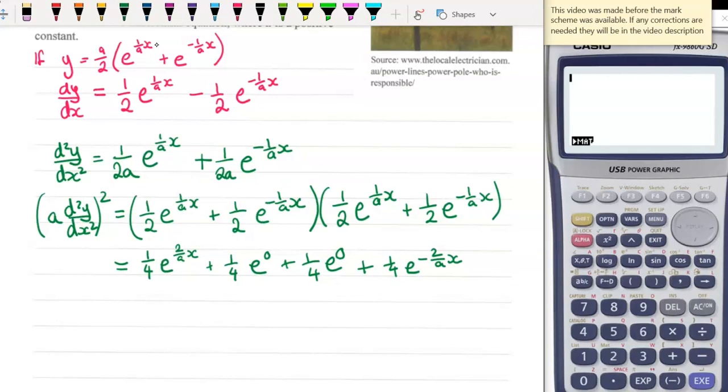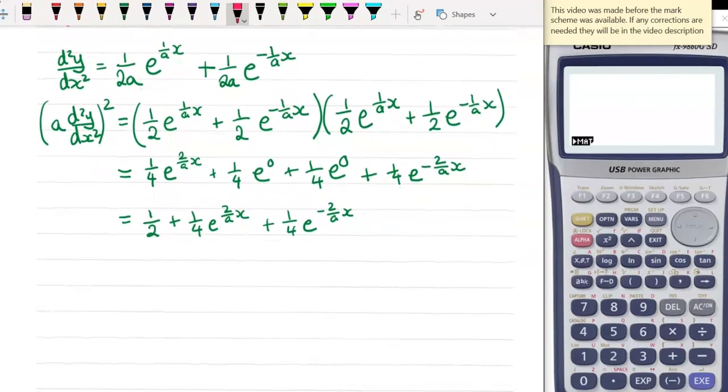Okay, now e to the 0 is just 1. So we have 1/4 plus 1/4, which makes a half. Then we have 1/4 e to the 2 over ax plus 1/4 e to the minus 2 over ax.